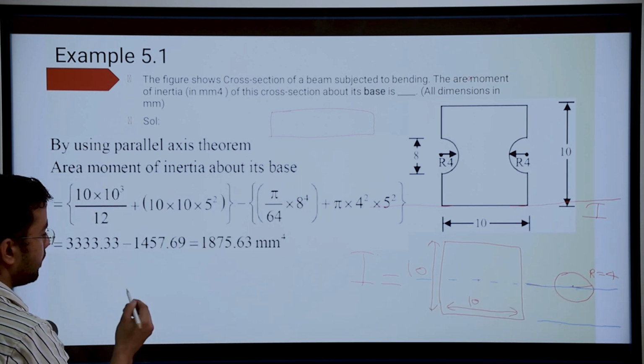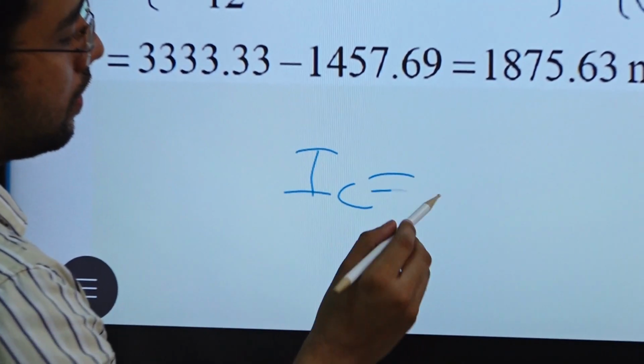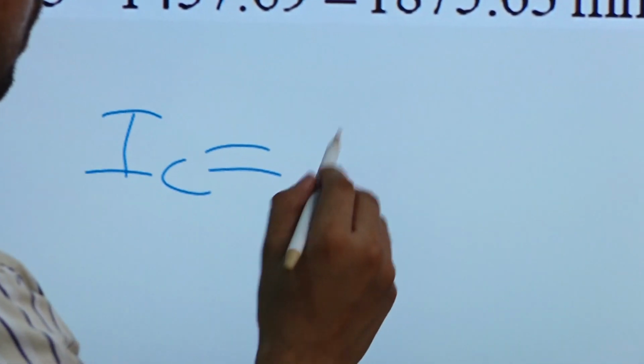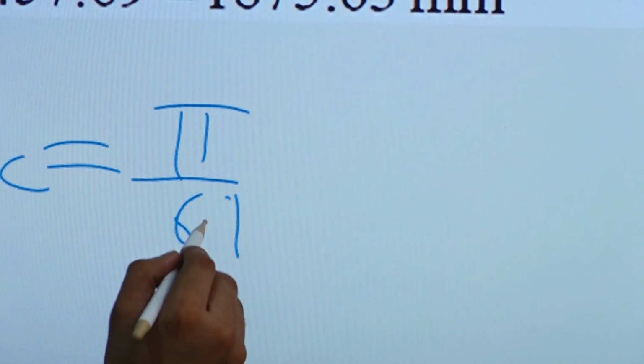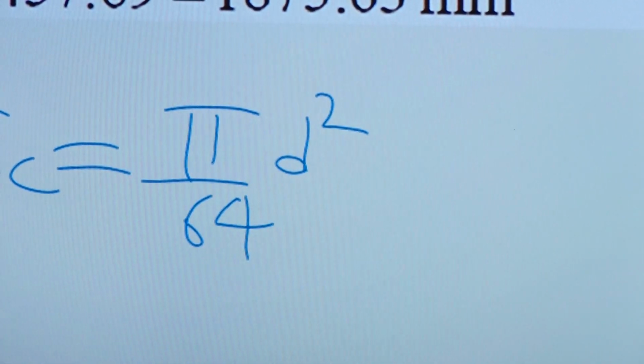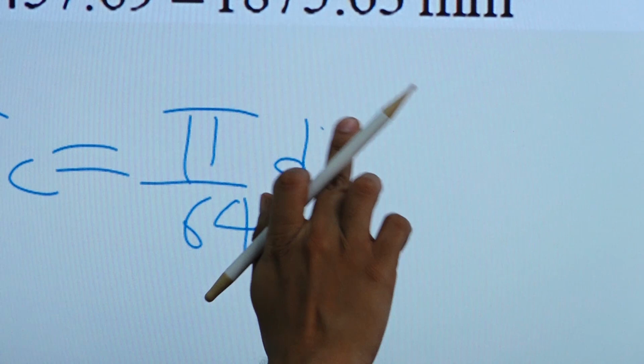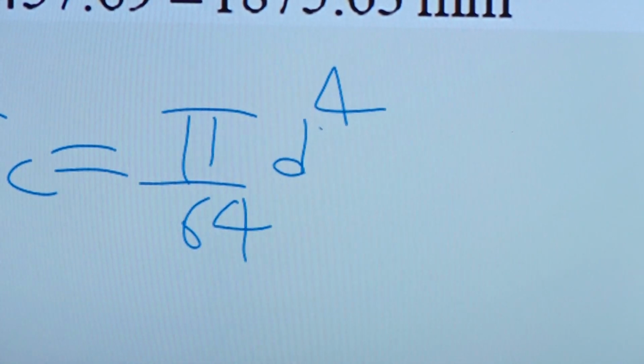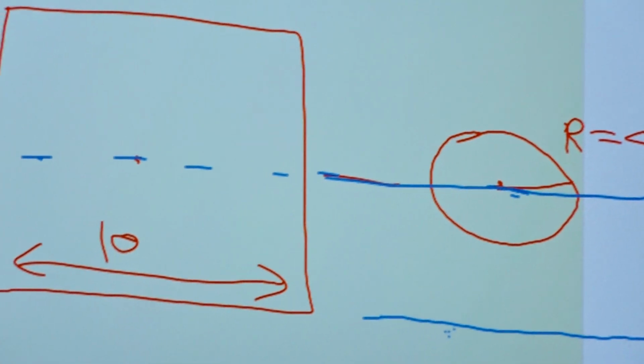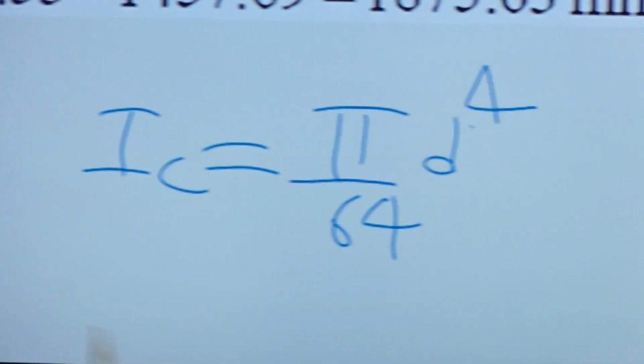I will write simply, for a circle about the centroid, it will be pi by 64 d square. D is the, not d square, d to the power 4. So what is d? D is nothing but the diameter of this circle. Okay, so IC is equal to pi by 64 into d4.